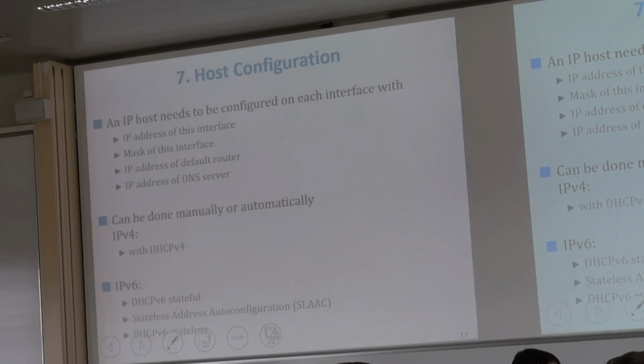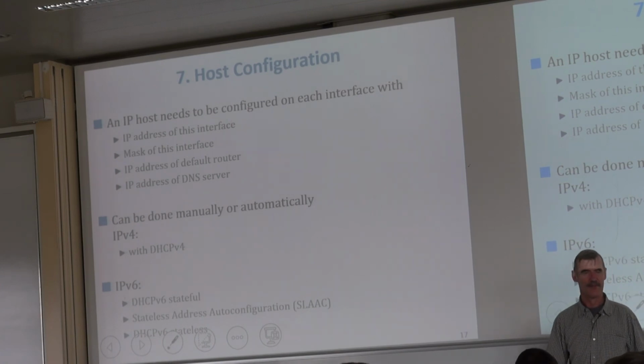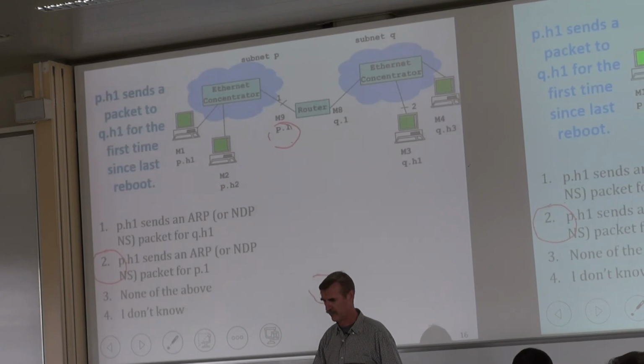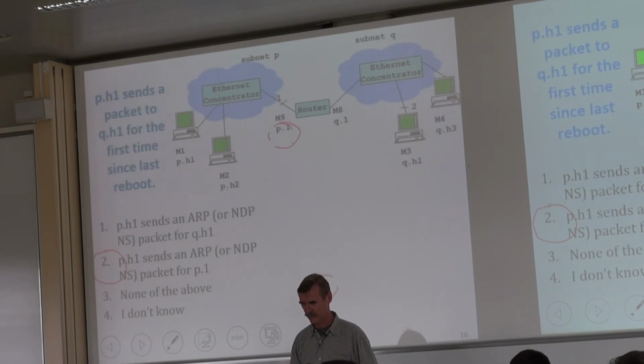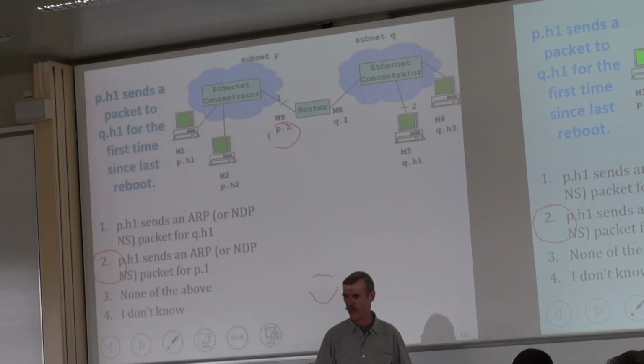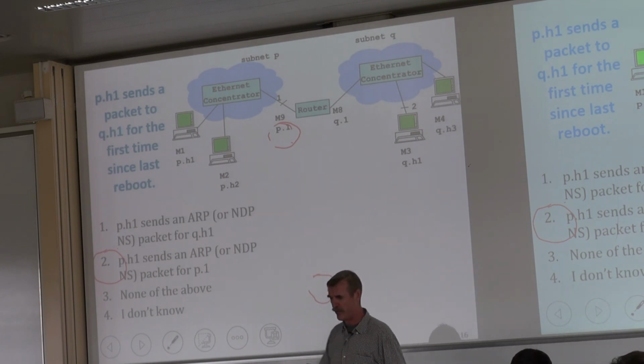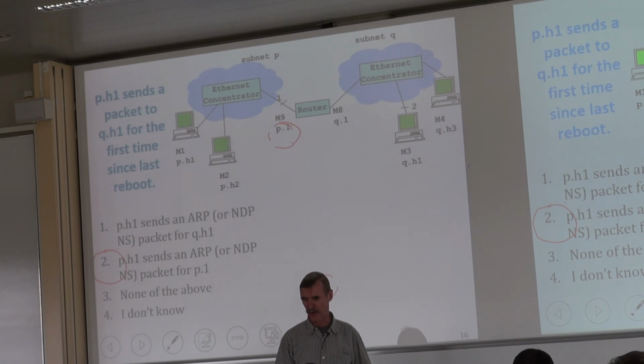Question? I thought the ARP request is a broadcast that you send to everyone, like who is that, etc. So how can it send to P1? I thought ARP requests were always broadcast. I didn't say 2, I said 4. So the ARP packet is not sent to P1. It's an ARP for P1.